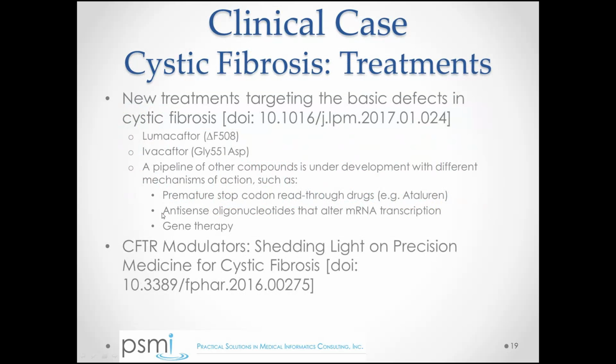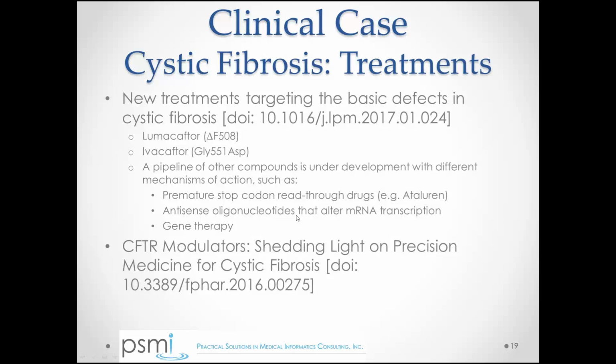We have something called antisense oligonucleotides that alter messenger RNA transcription. And in some of these cases, and we'll come back to this one as well, the antisense oligonucleotides get into the nucleus and they bind to the DNA and they alter the transcription pattern.